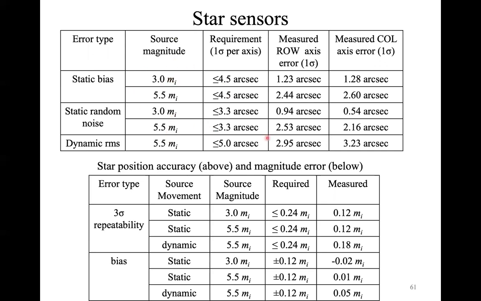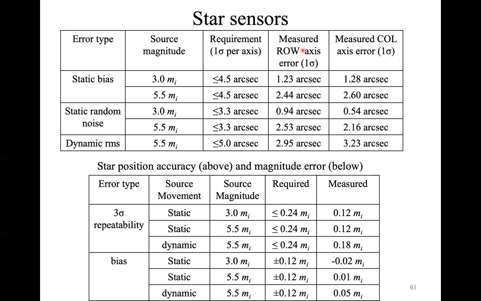The difference between these two tables is related to the position of the star and the magnitude error. So if you have an error in the location of the stars in your CCD, in the first table, for stars with 3.0 apparent magnitude, you can have an error for that particular star tracker of about 1.23 arc seconds in the row axis.